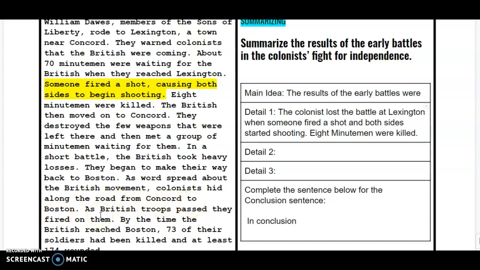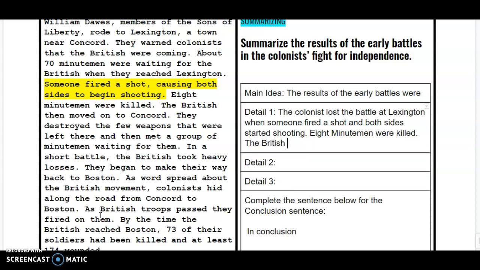So they went over to Concord. The British then went to Concord, and it says they destroyed the few weapons that were left there, and then met a group of Minutemen waiting for them.